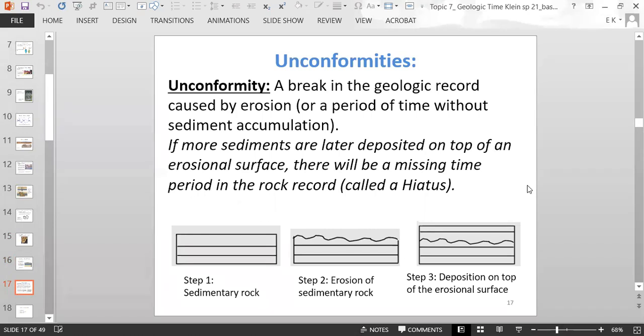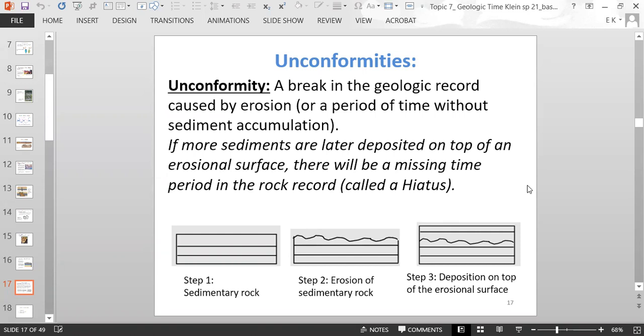So an unconformity is a break in the geologic record caused by erosion. Sometimes unconformities, rather than being related to erosion, may also be a period of time that did not have sediment accumulate. So maybe there were just time periods where you didn't really have deposition happening.